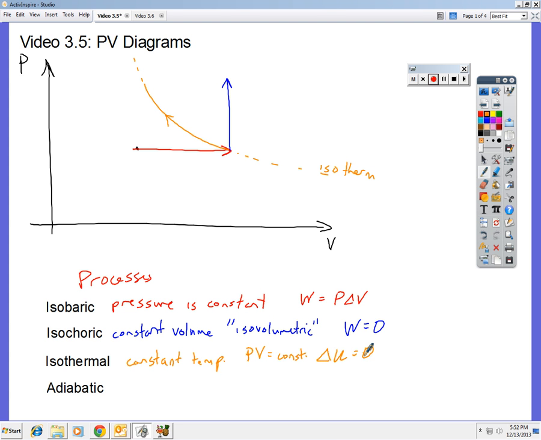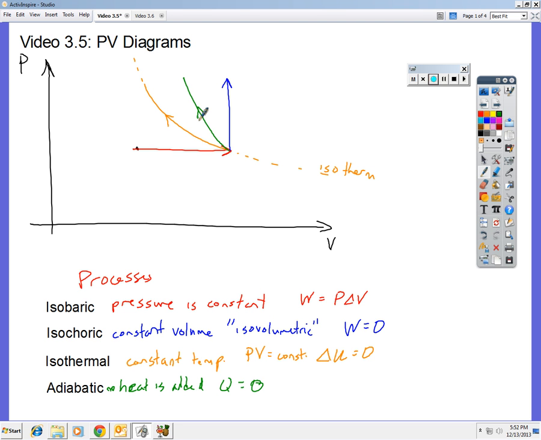The last kind of process you need to know about is an adiabatic process. In an adiabatic process, no heat is added or taken away. So Q equals 0. An adiabatic process also follows a curved line, but it's going to be steeper than an isotherm.